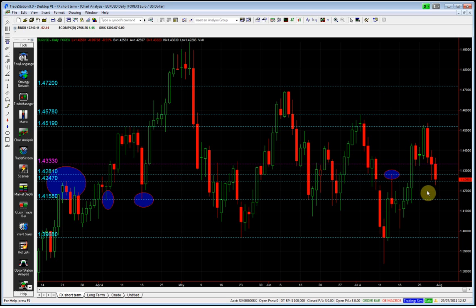Now, the benefit of taking the 142.47, which is our momentum high in the uptrend, is that below this point we are below two other significant points within the price action.